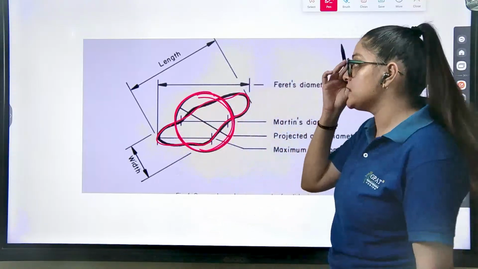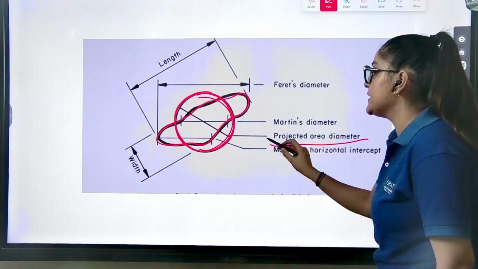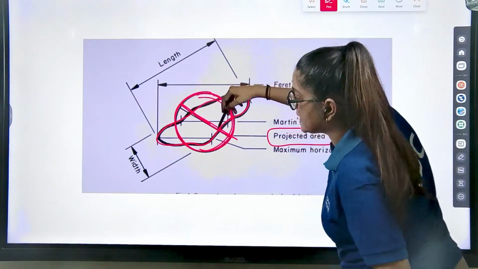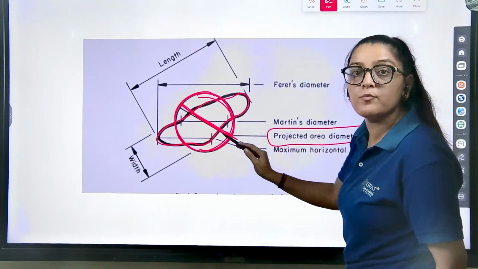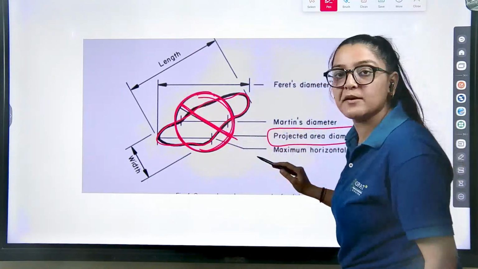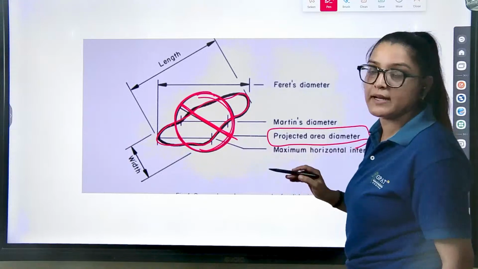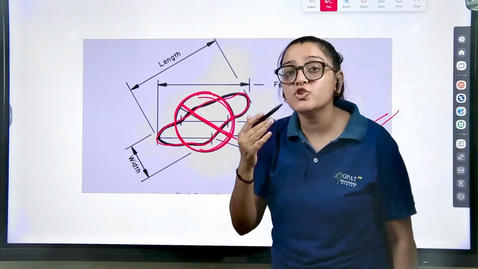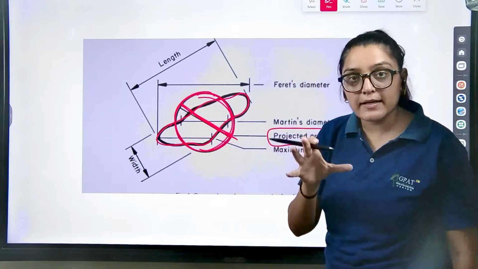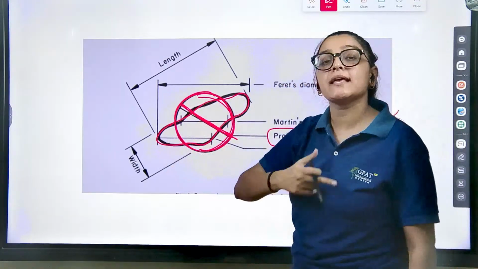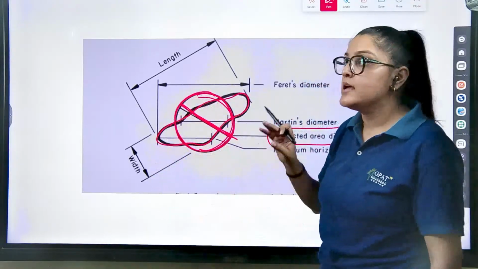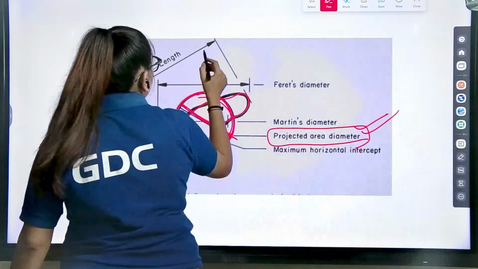That is why the projected diameter is the diameter which is observed as the same area when viewed from the most stable plane. This stable plane is the tangent plane only, right? So projected area diameter focuses on this because we assume that this asymmetric particle is approximately similar to the shape of a sphere. Next, you have Feret's diameter.